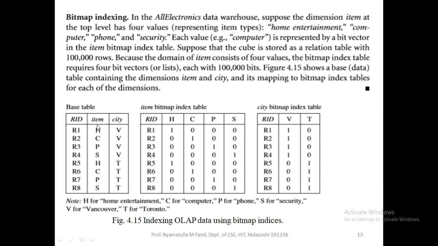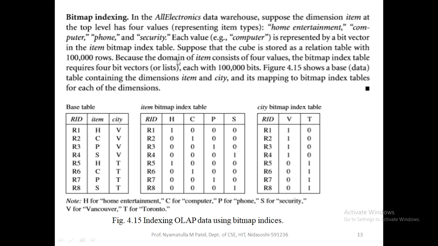The base table contains item and city. The item bitmap index table contains H, which represents home entertainment, C for computers, P for phones and S for security, and the city bitmap index table contains the cities Vancouver and Toronto.